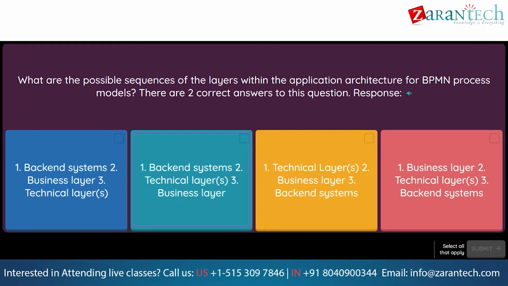Backend Systems 2. Technical Layer 3. Business Layer. Option 3, 1. Technical Layer 2. Business Layer 3. Backend Systems. Option 4, 1. Business Layer 2. Technical Layer 3. Backend Systems.